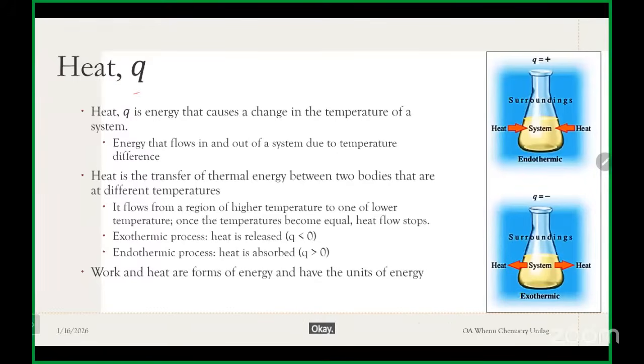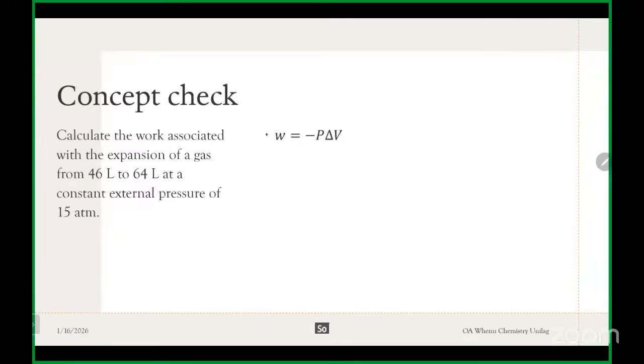Okay, so we stopped at the concept of Q, and that is energy transferred as a result of difference in temperatures. You can define temperature as the thermal energy that a system has. So let's move on.